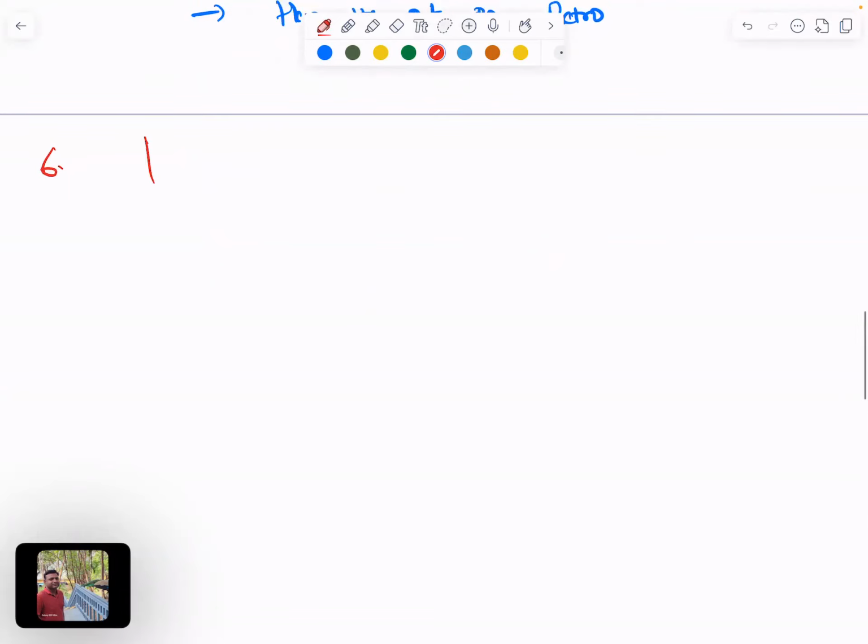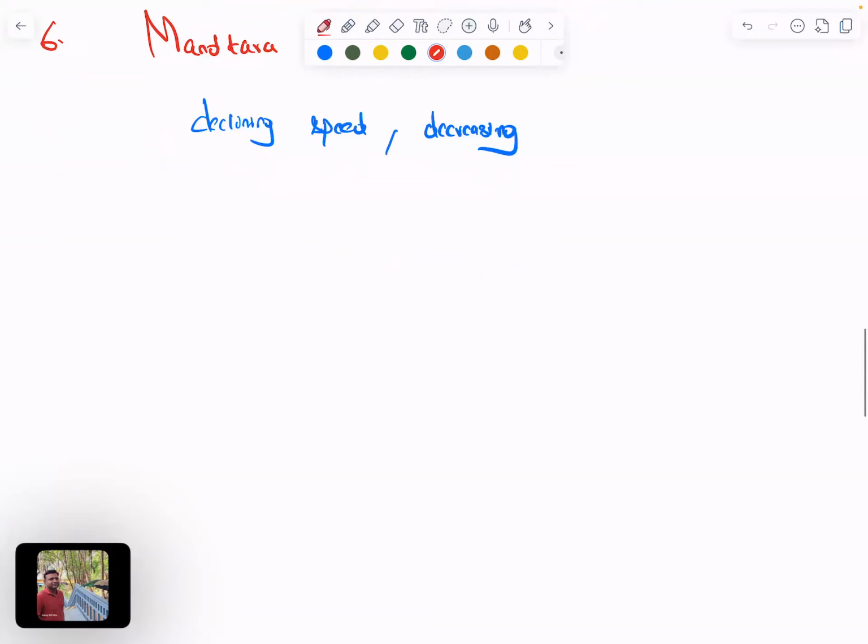Sixth, Mandatara. Mandatara means it is in a declining speed. Declining speed or decreasing. Then seventh one is Shigra.